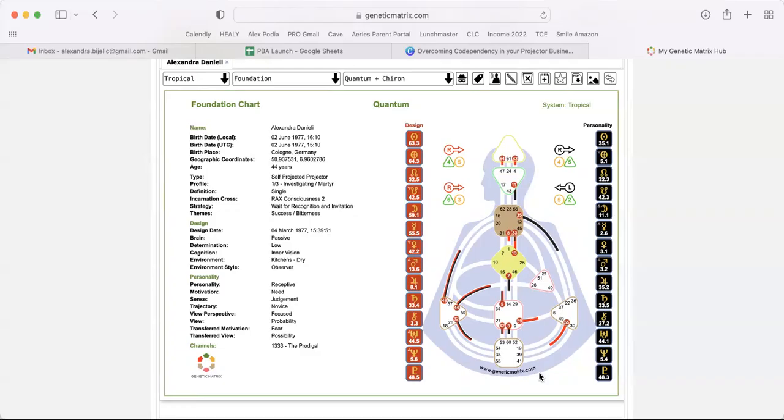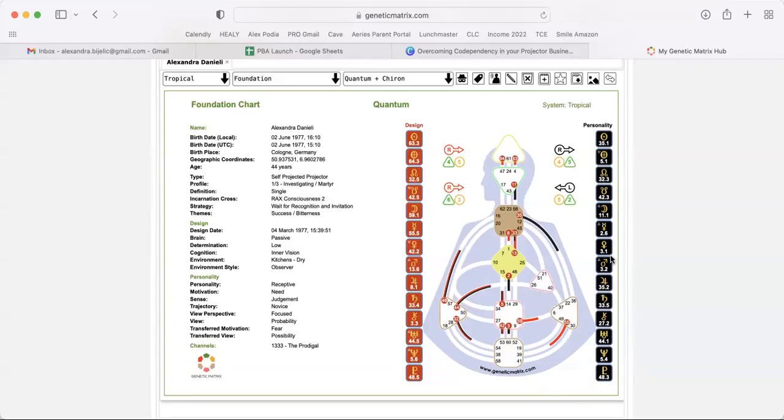So that's why it's so important to know the low expression or the shadow, and the high expression or the gift. In gene keys, there's also a thing called the siddhi, which is kind of like what I like to call the Buddha energy of the gate or the gene key. But even if you can just live in the gifts of most of your gates and channels, that is a beautiful thing.